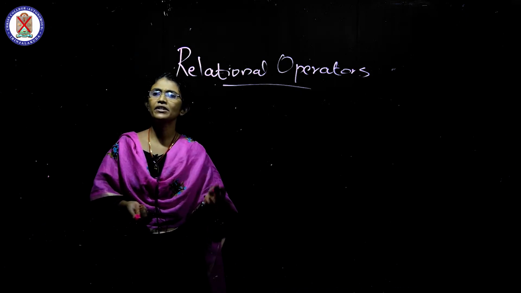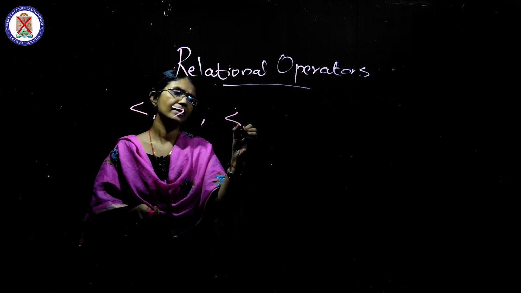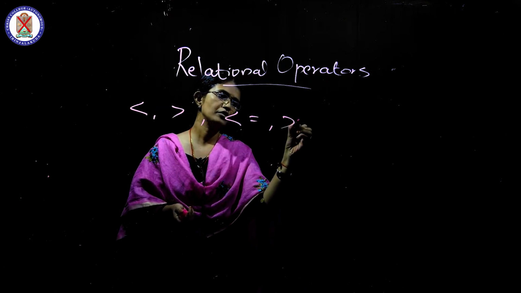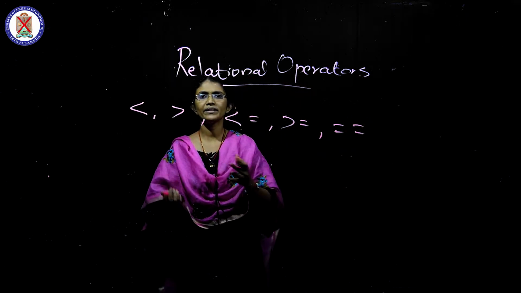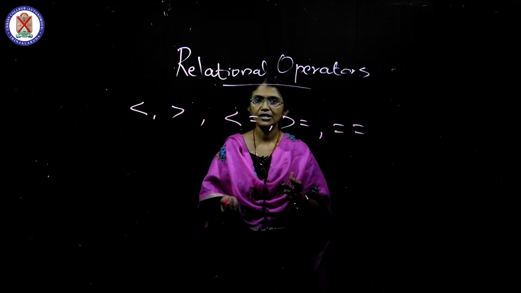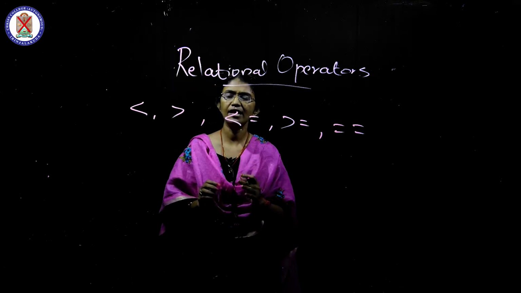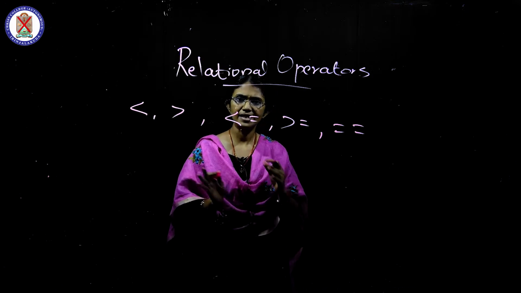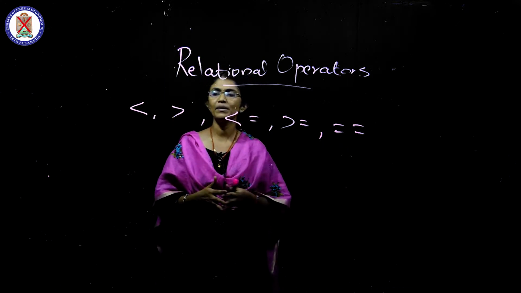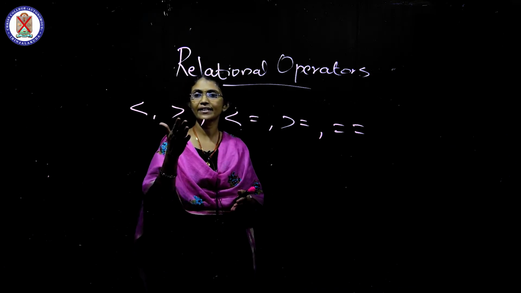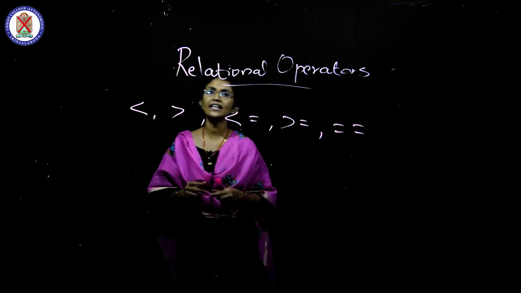We are all familiar with less than, greater than, less than or equal to, greater than or equal to, and equals. These are the relational operators. The value yielded from a relational expression is 1 or 0.